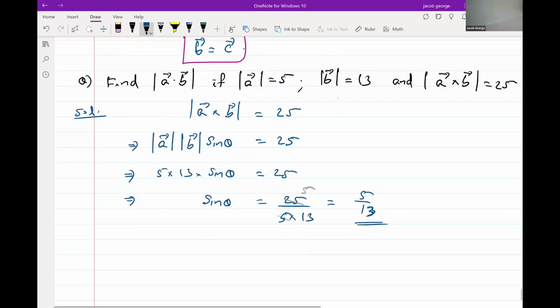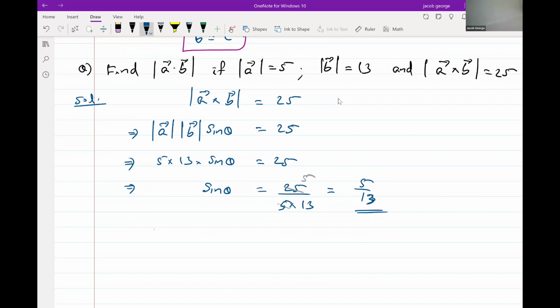What is identity method? Cos square theta is equal to 1 minus sin square theta. So that comes like this, 1 minus 5 by 13 the whole square. What is that? 1 minus 25 by 169.